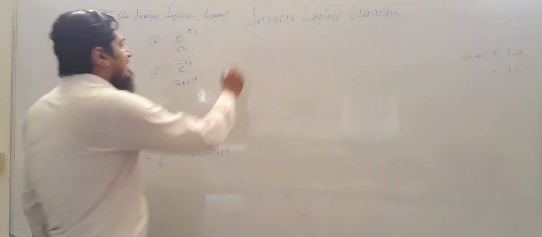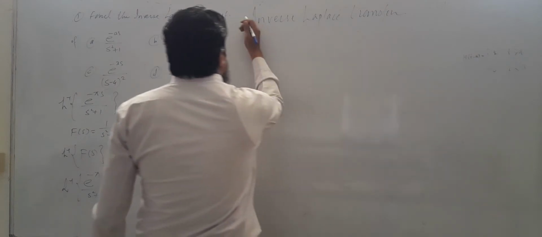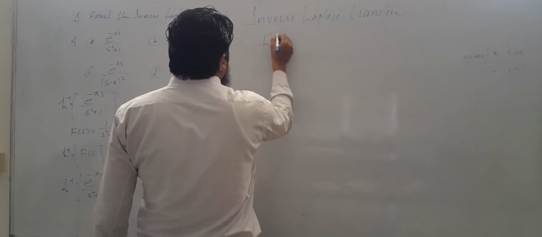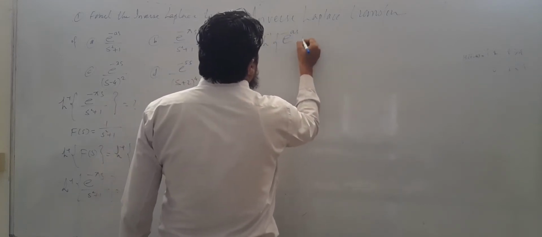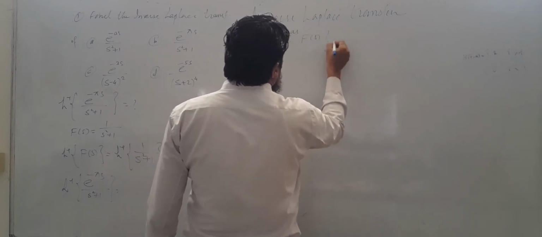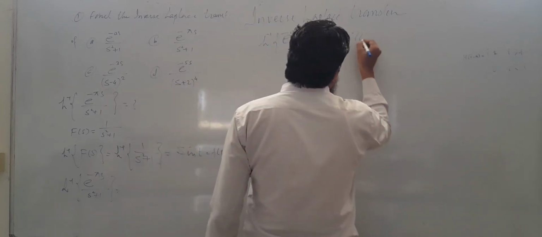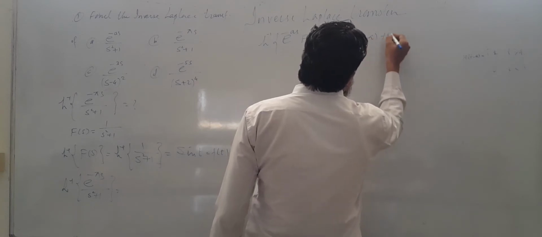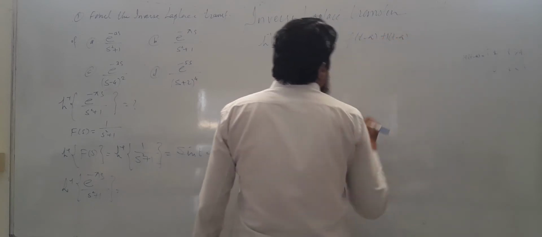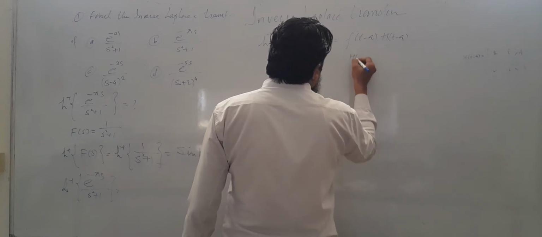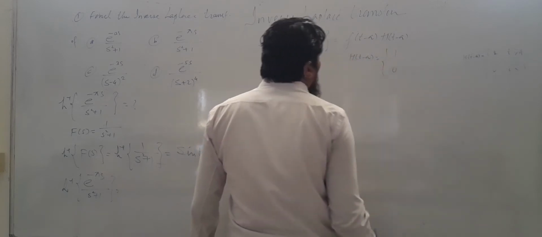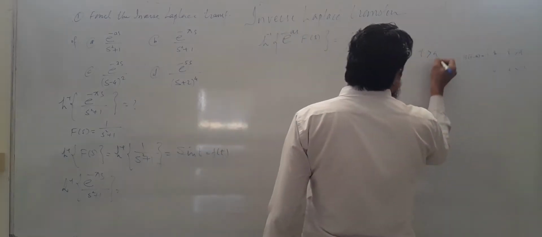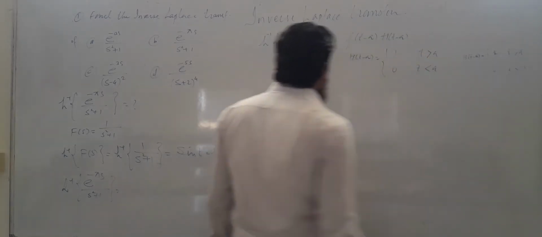Since we know that, by using the Heaviside function, we can write the inverse Laplace transform of e raised to minus as times F of s as f of t minus a times h of t minus a, where h of t minus a is equal to 1 when t is greater than a and 0 when t is less than a.